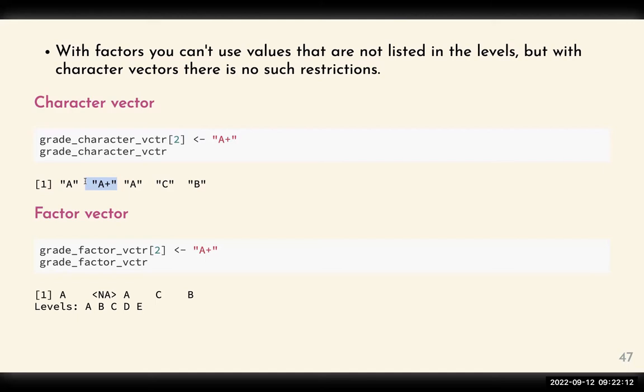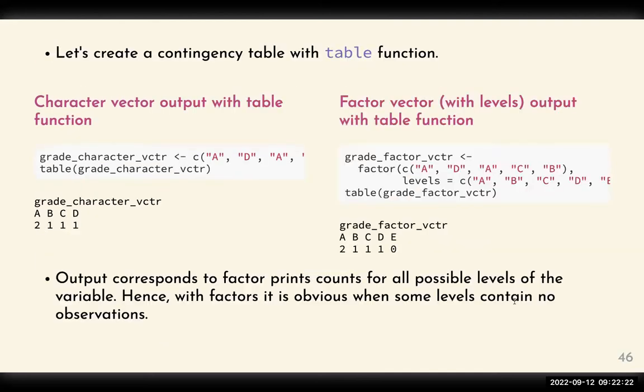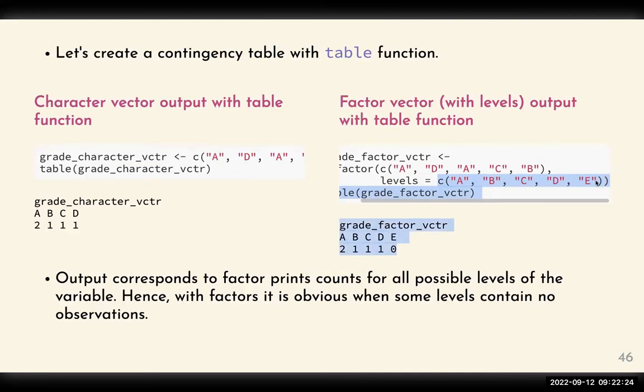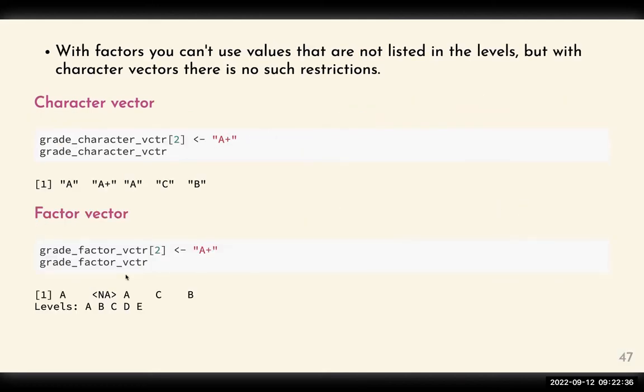With factors, you will get a warning message because A+ is not included in levels. Because A+ is not included in level, it is not a possible value that this variable can take. Because of that, now the second element is NA.